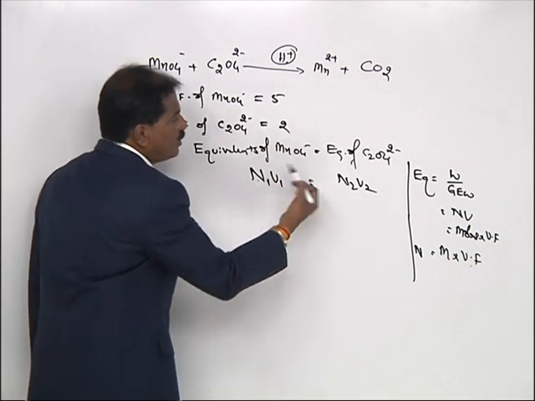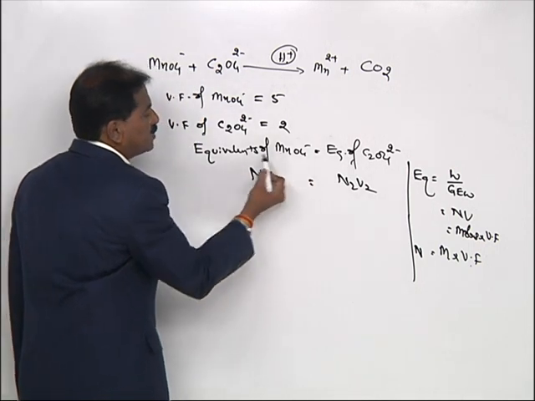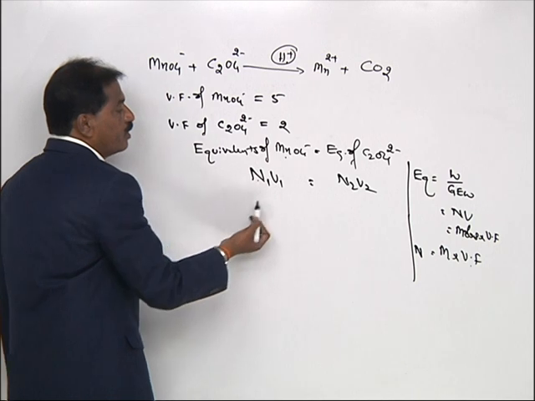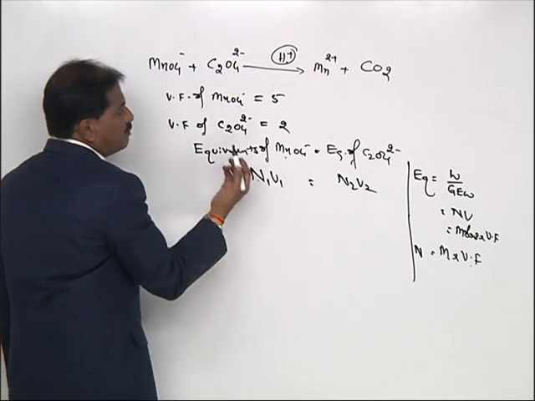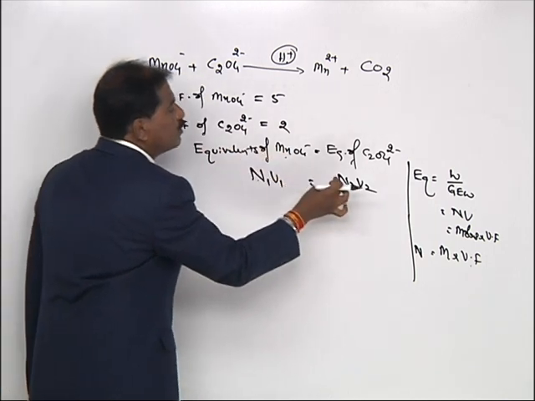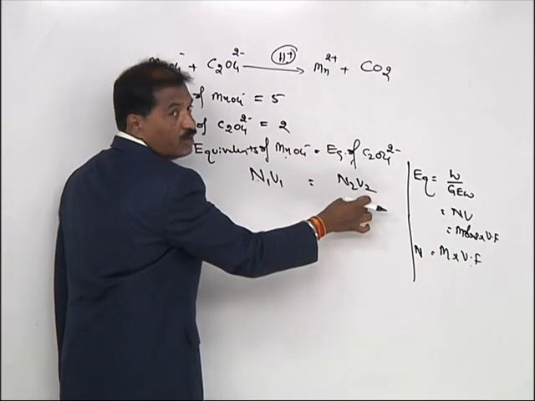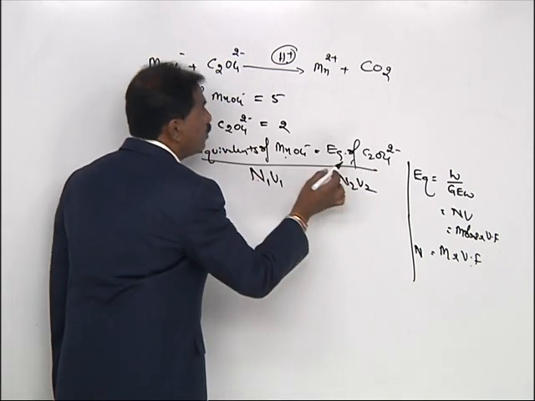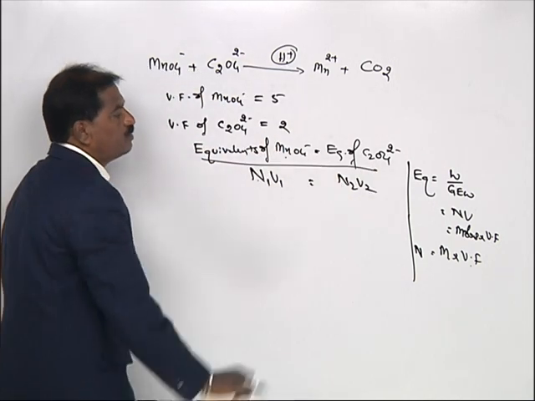Then, equivalence of the first reactant is equal to equivalence of the second reactant. So if they give the normality and volume of the first reactant, we can calculate the volume of the second like that. Based on the equivalence principle, all redox reactions can be easily simplified.